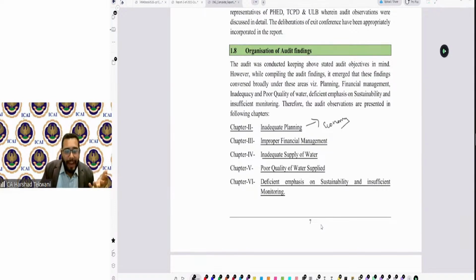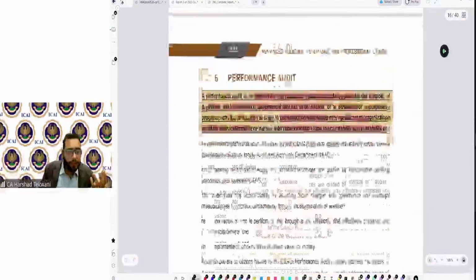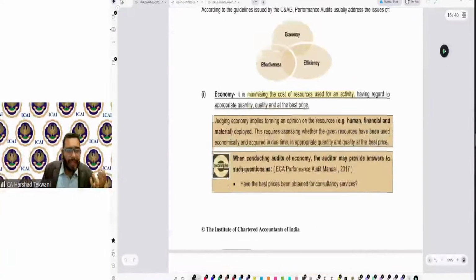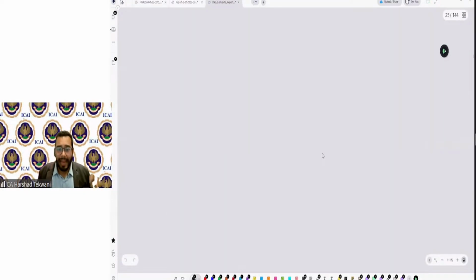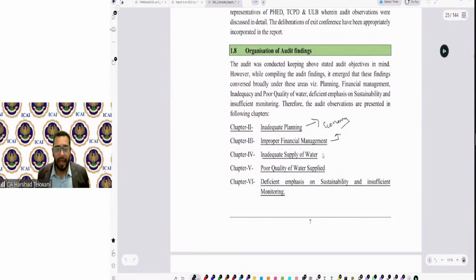When you have improper financial management, it talks about economy. What is economy that we discussed? That is minimizing the cost used for an activity. By appropriately planning, we can minimize the cost. So that is not done over here. Inadequate planning in certain areas.